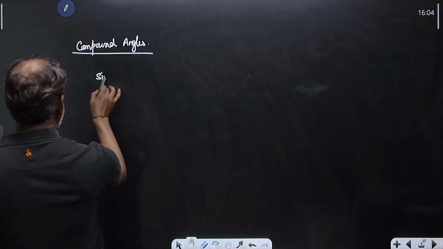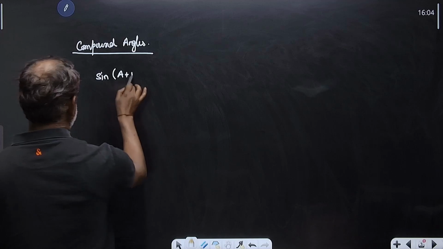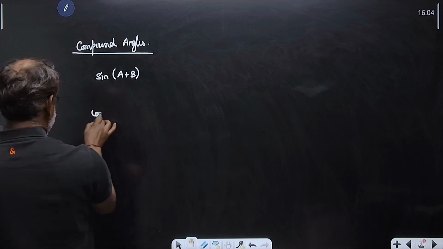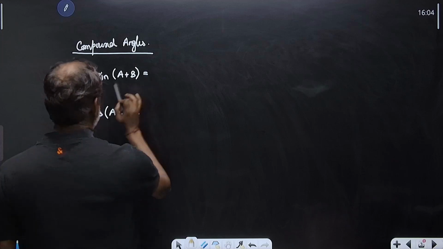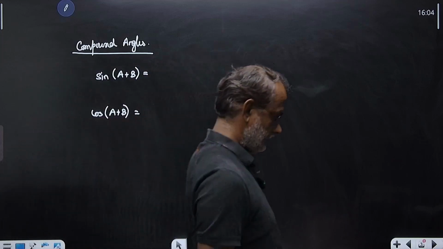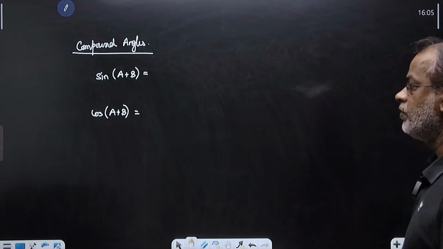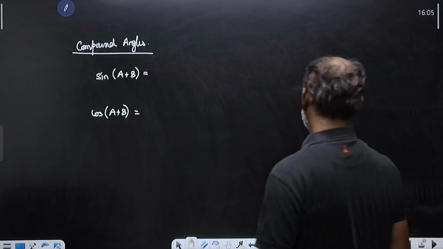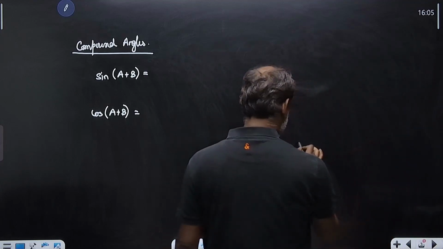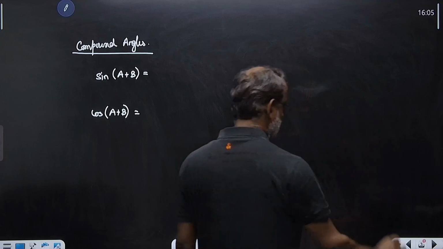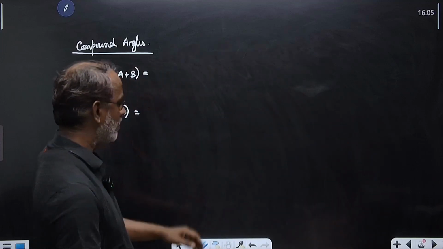are formulae for things like sin a plus b and cos a plus b. There are various ways to come up with it.